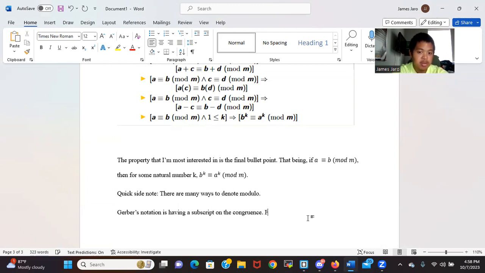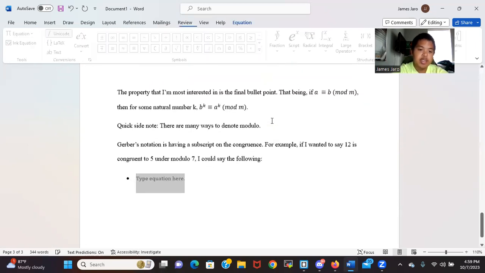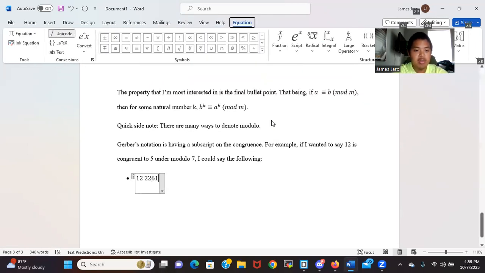So for example, if I wanted to say 12 is congruent to 5 under modulo 7, I could say 12 is congruent to 5, with subscript 7.